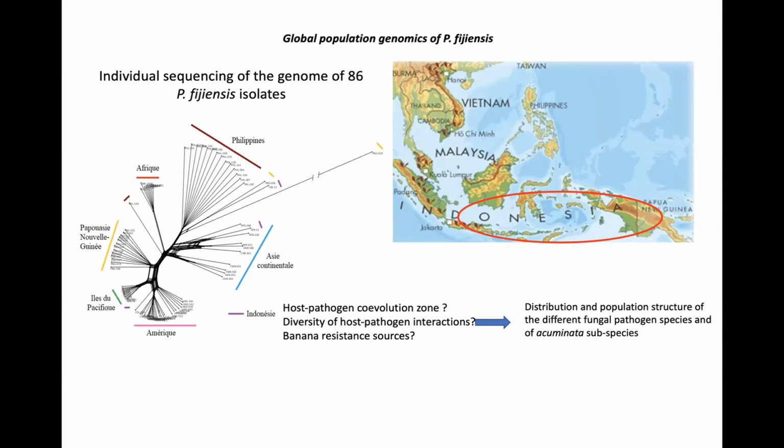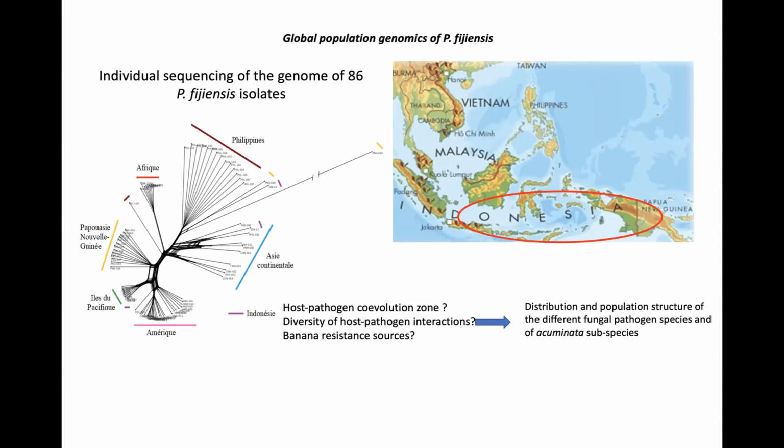So we could have high diversity of host-pathogen interaction in these regions, and it could represent a first source of banana resistance, and also a way to better understand the host-pathogen interaction and the evolution of this interaction.